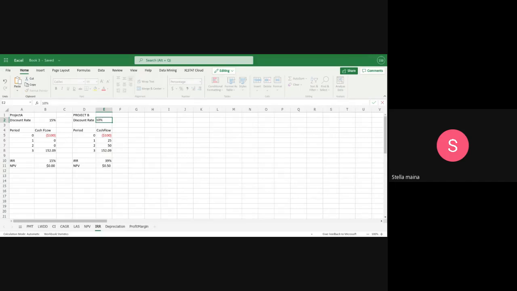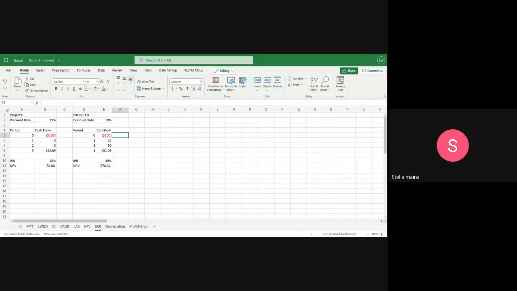And then once you calculate your IRR, you find that it is 39%. So if the IRR is greater than the required rate of return, you accept that project. Okay, so that's just basically it.